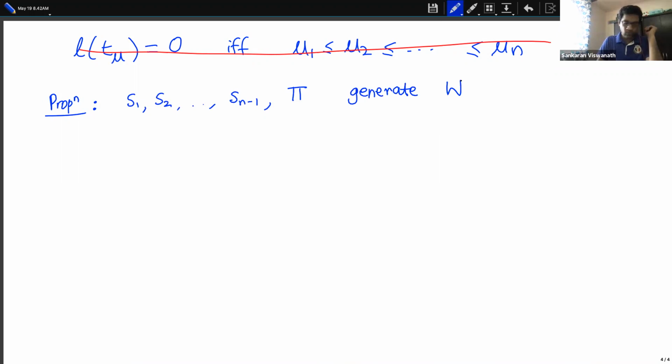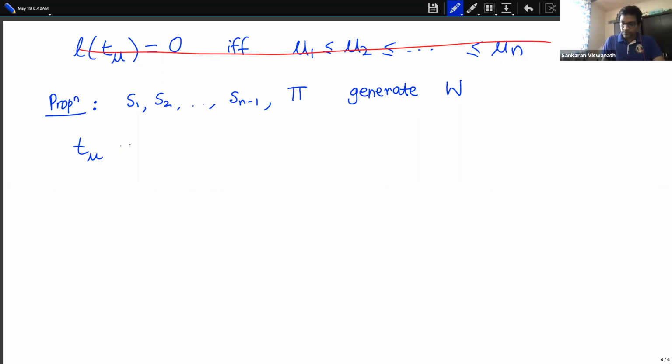In some sense, it's enough to just show it for the translations alone, because the finite portion is already generated by S1, S2, up to Sn minus 1. And so in fact, all you need to show is that t mu can be written in terms of these guys. And I noticed that in the tutorial sheet from last time, there was this computation of this special word for t mu and so on.